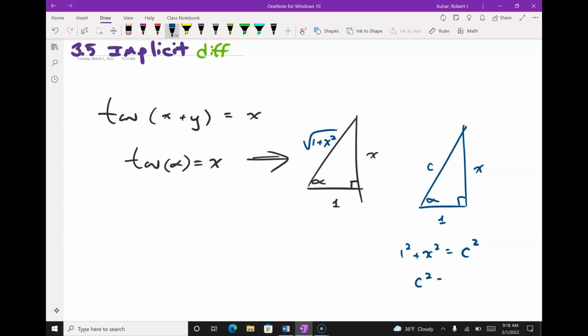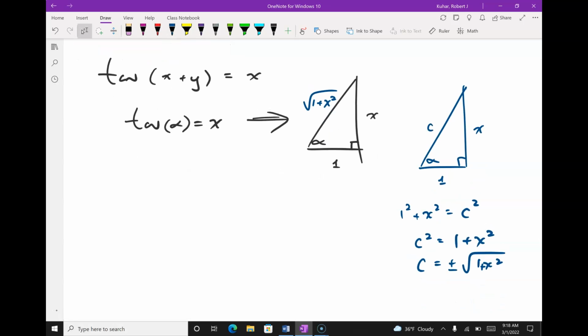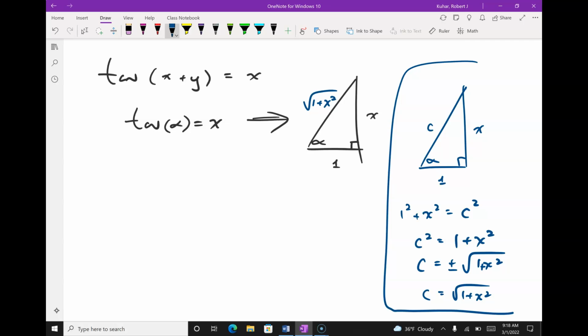So c squared is 1 plus x squared. So c is the square root of 1 plus x squared, and because I'm only interested in positive sides of the triangle, I'm just going to call it the square root of 1 plus x squared. So that's the Pythagorean theorem there, right?